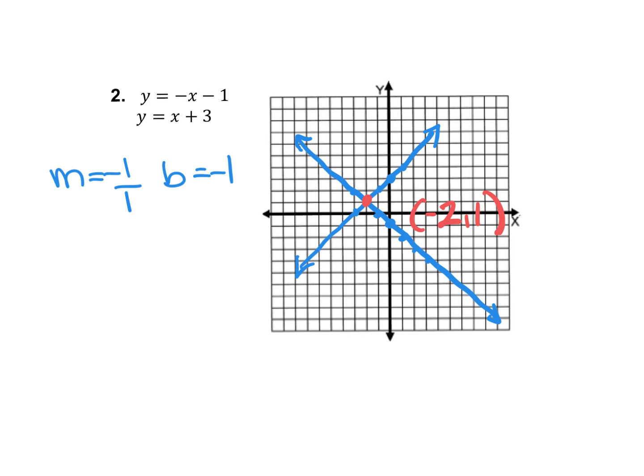Okay, remember we said that the solution of the system is a point at which they intersect. And if you went up top and you plugged in the (-2, 1) to both of the equations up top, you'll see that they are solutions to both of them.